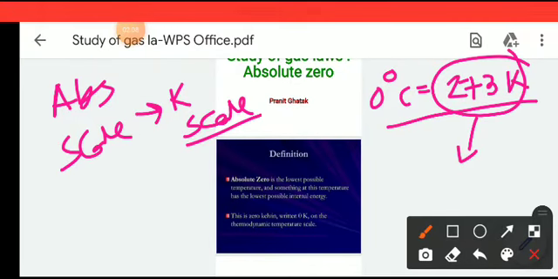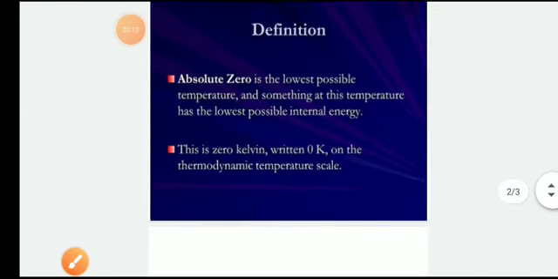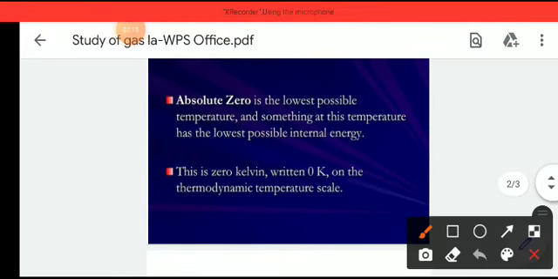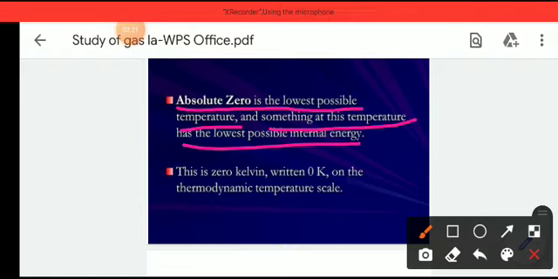So what is absolute zero? Absolute zero is the lowest possible temperature, and at this temperature the internal energy is very much zero. Almost zero. We cannot give an absolute figure, but it is almost negligible or minimum.